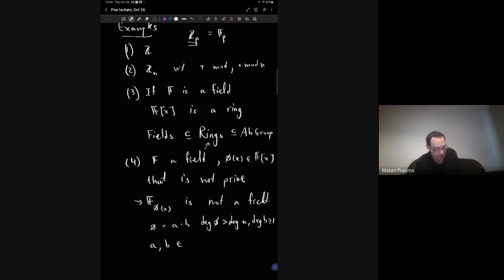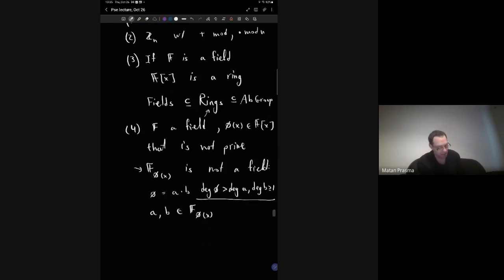So if this is so, then both of them belong to f sub phi. Both of them can be viewed as remainder by long division with phi. And A times B is equal to 0 modulo phi, right? Because A times B equals phi.